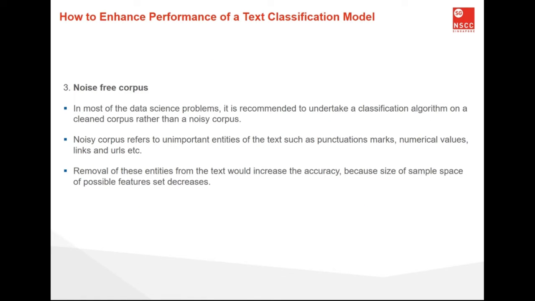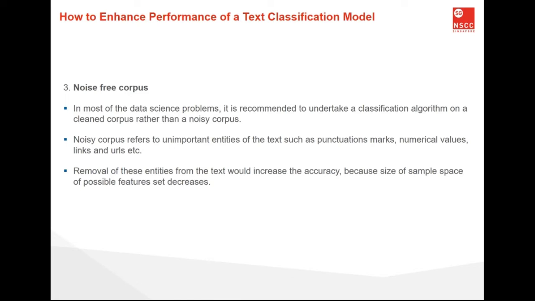As taught before, to have an accurate machine learning model, you must clean the training data beforehand. In most data science problems, it is recommended to run a classification algorithm on a clean corpus rather than a noisy corpus. Noisy corpus refers to unimportant entities of the text, such as punctuation marks, numerical values, links, and URLs.